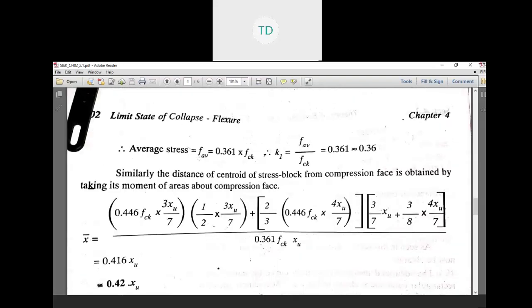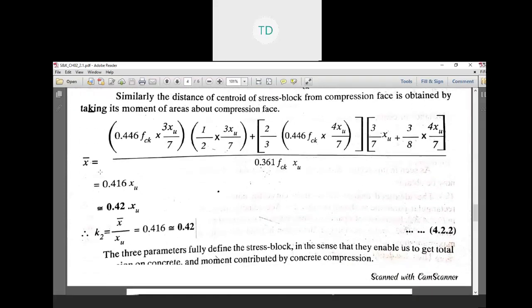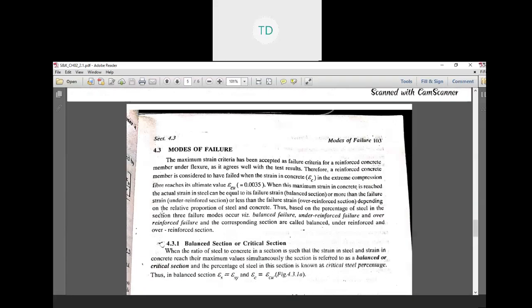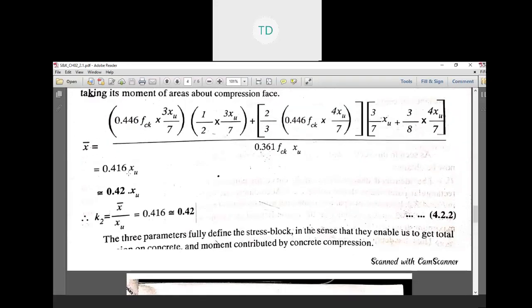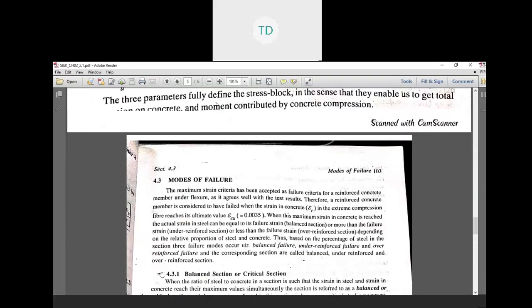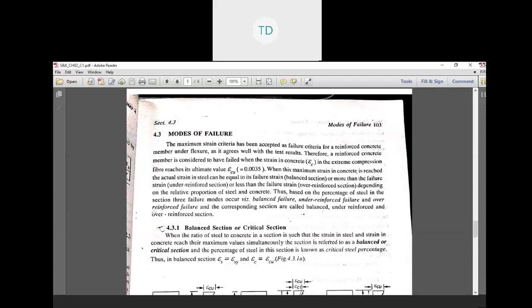Same as average stress, favg is equal to 0.36 fck, and similarly for x bar, which is 0.416 XU, approximately 0.42 XU, all equations are given in the IS code. So I am not going to describe any of these.